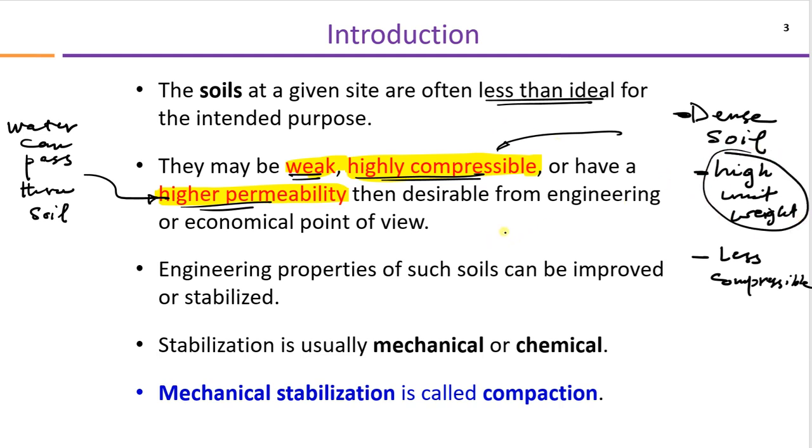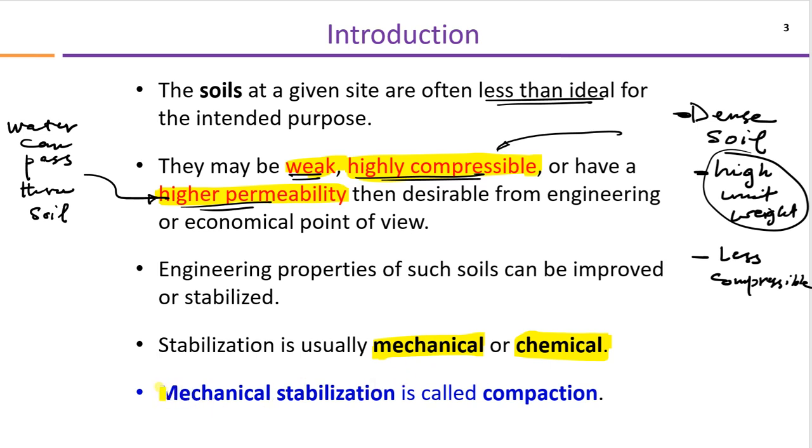For that we are going to use a concept called stabilization, which is a process of improving the properties. Mostly there are two methods of improving the properties of soil. One is called mechanical and the second one is called chemical. In mechanical stabilization we give energy to the soil, we remove the air from the soil, and we bring the particles closer so that it gets into a dense state.